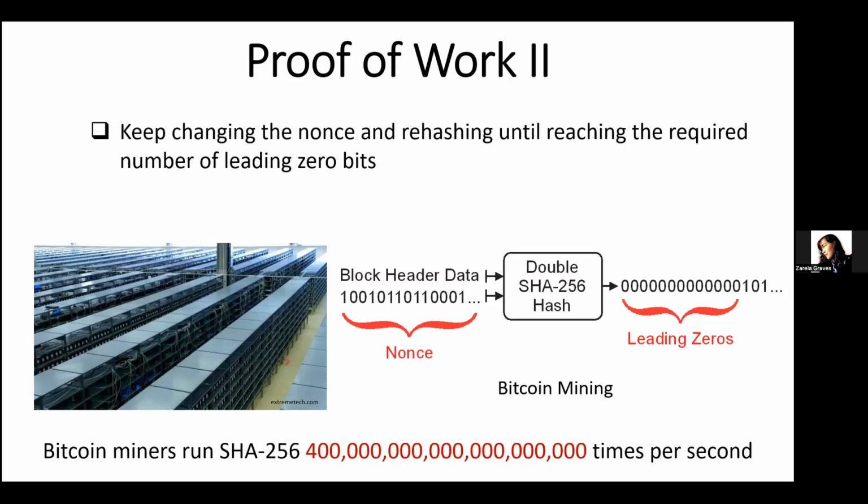You hear people up in arms about all the electricity being consumed, like the electricity that goes to countries, all going into this, just trying to get the leading zeros from a double SHA-256 hash. But that is the proof of work, because we know it takes work to find those leading zeros. That's what makes the blocks hard and makes the blockchain work.